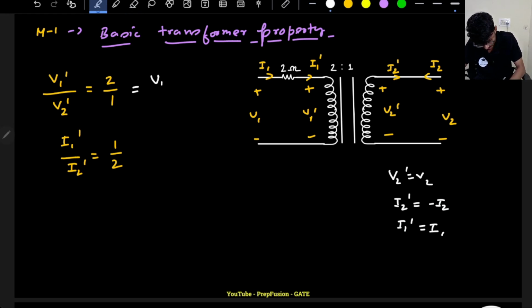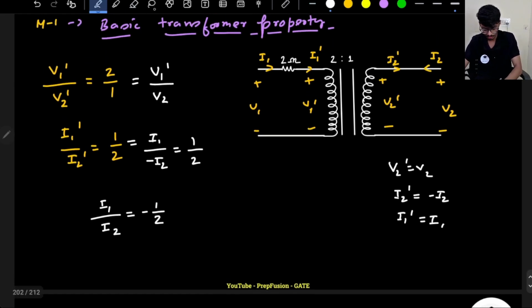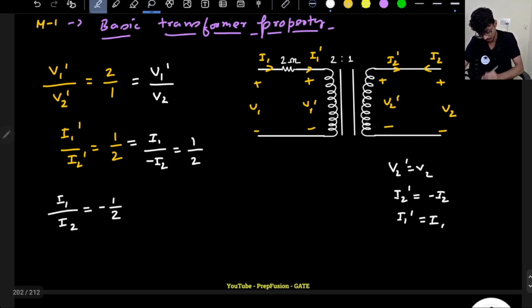So here I can replace V1 dash with V1 dash only, my V2 dash with V2, my I1 dash with I1 and my I2 dash with minus I2. So I1 by I2 will be equal to minus 1 by 2. That's it. Okay, so I hope you have understood this basic point.